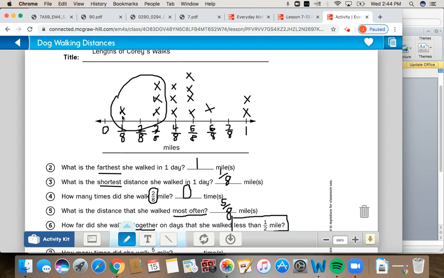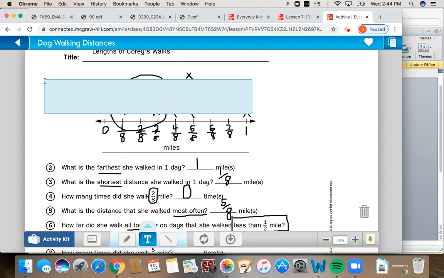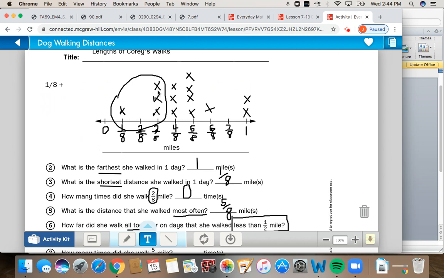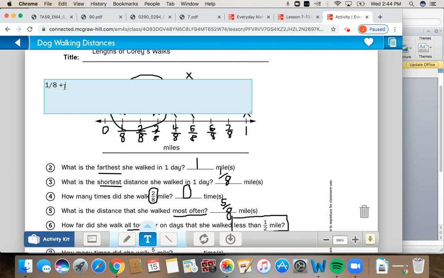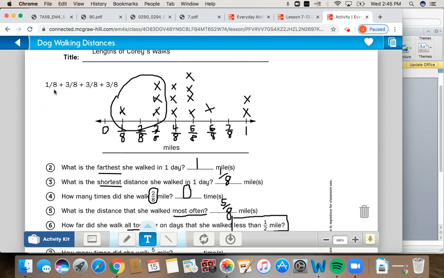I need to add those amounts together, which means I need to add 1/8 plus 3/8 plus 3/8 plus 3/8. So why don't you go and figure that out?